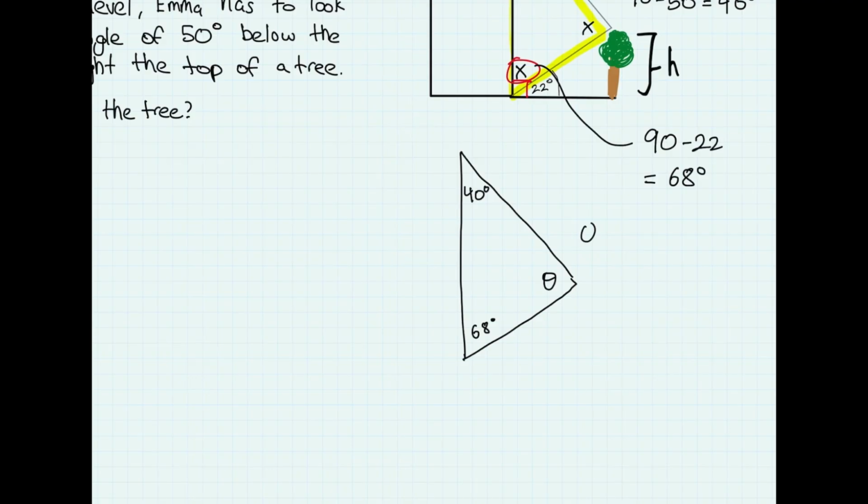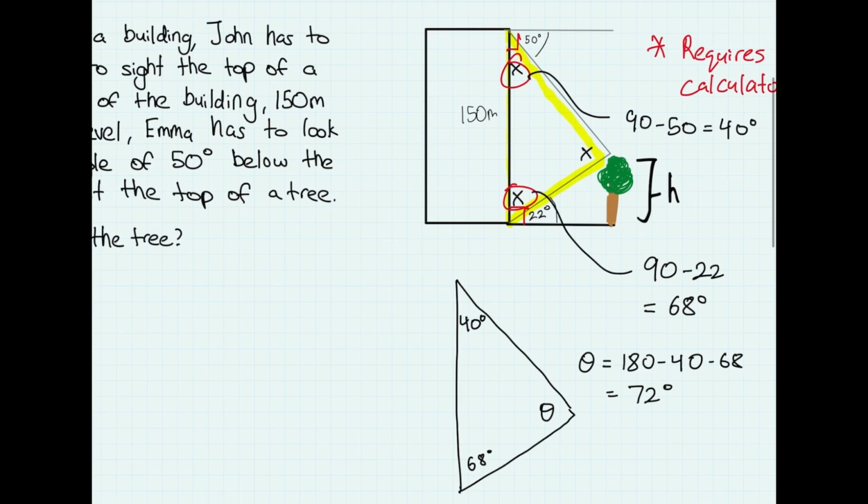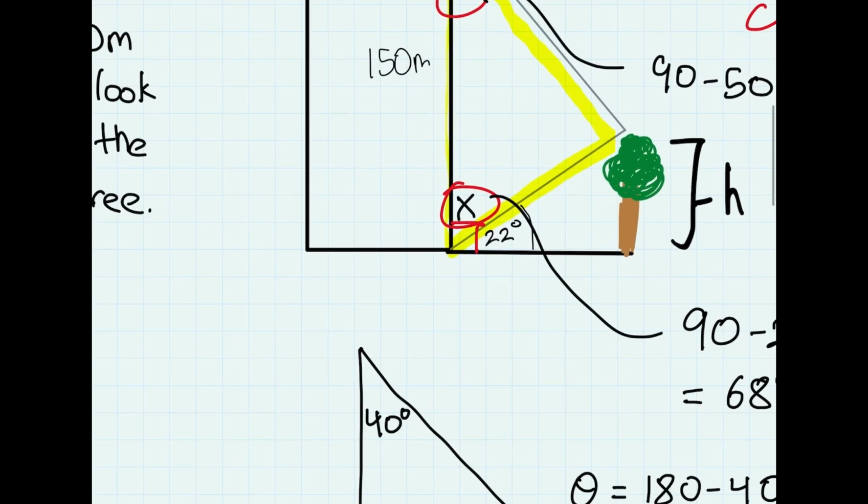And so theta is going to be 180 minus 40 minus 68. And that gives us 72 degrees. And so it means that this right here is 72 degrees.